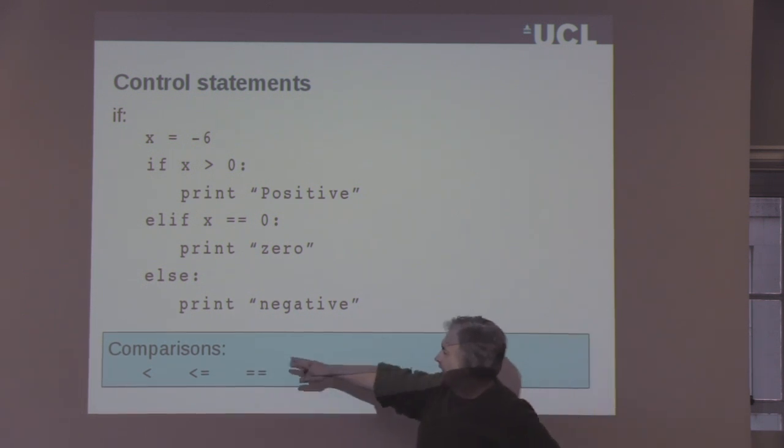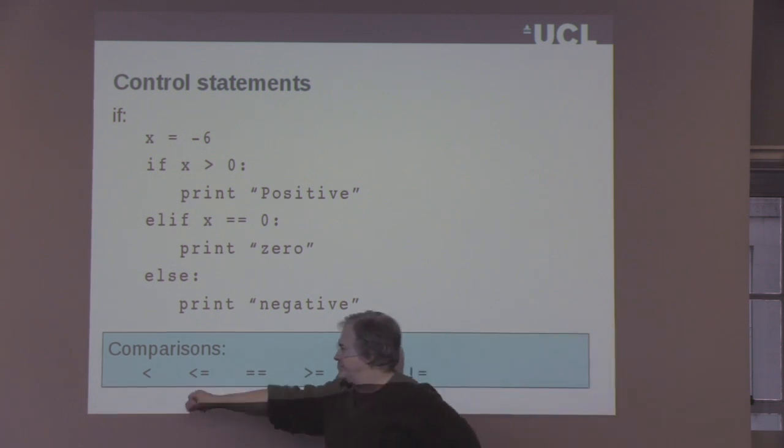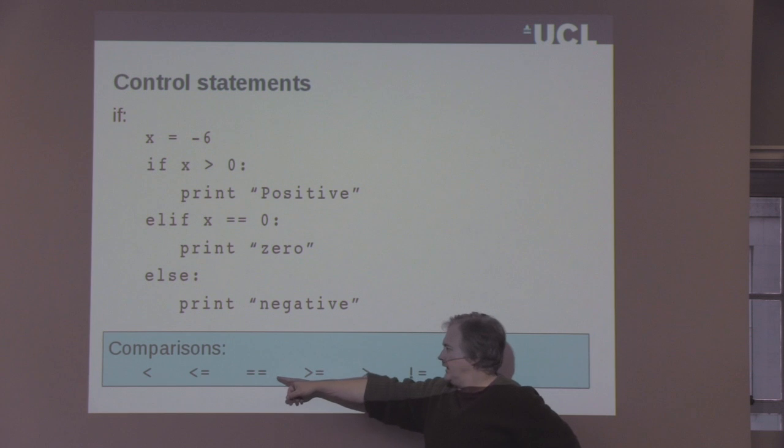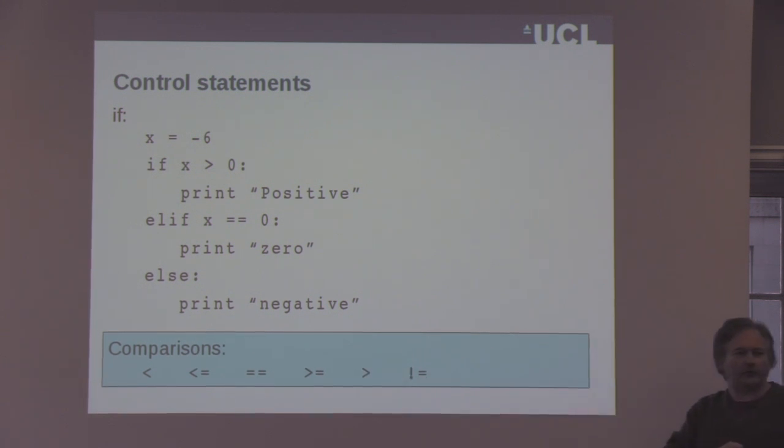So there are various test operators, which I just listed down here. Less than or equal to, greater than or equal to, greater than, and not equal to. So obviously you could rearrange that bit of code in different ways to come up with the same result, but using different tests.